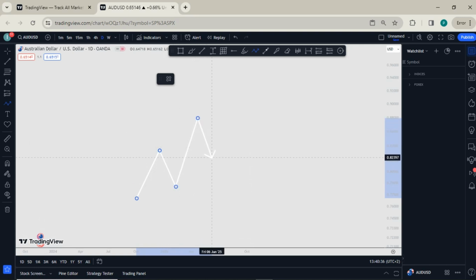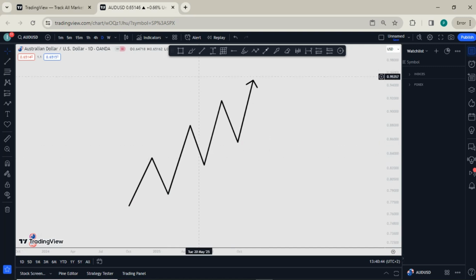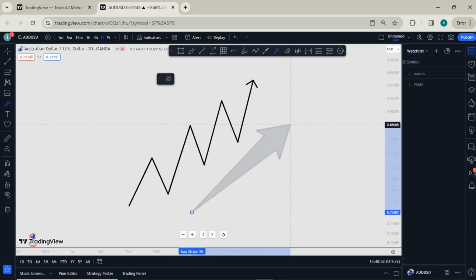I'm going to have something like this. On an uptrend, our uptrend is going to look like this, right? Now we need to identify that this is our uptrend. How do we identify it? Let me put this arrow like this so that it indicates we have an uptrend. How do we identify that this is our uptrend?